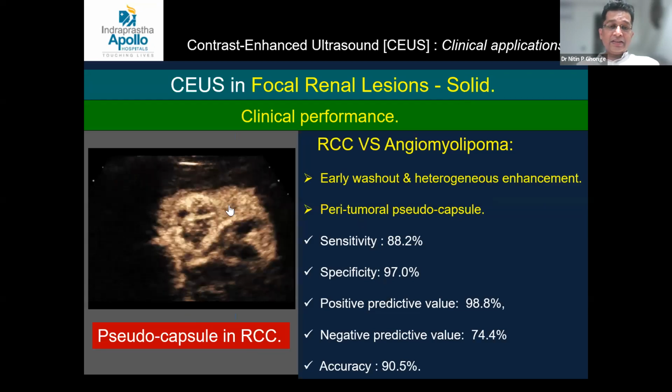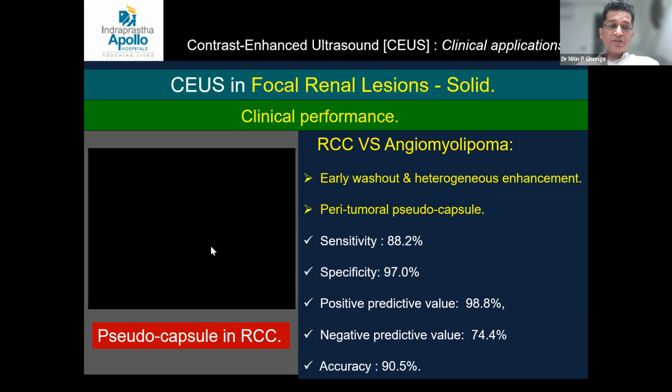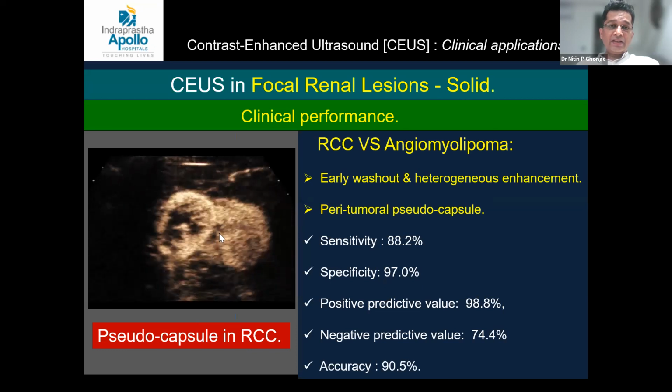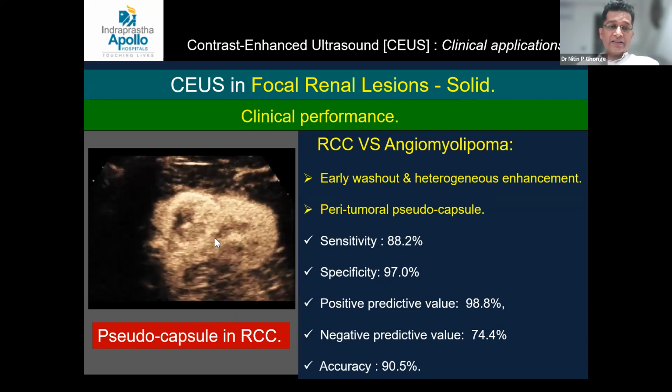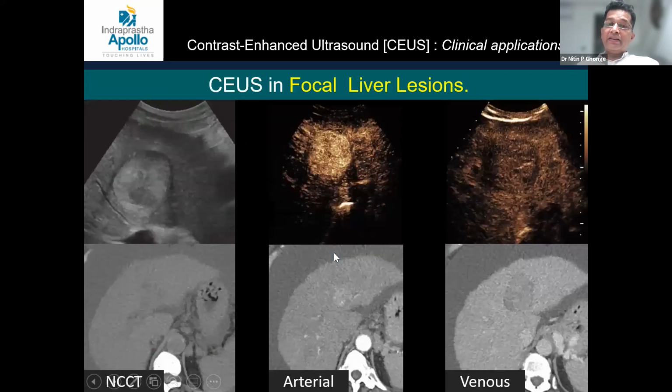This is another example, and we can see a cystic lesion with peripheral enhancement, which is a pseudocapsule in a patient with RCC. So this is contrast enhanced ultrasound, where cystic RCC or cystic lesions can be picked up very well without need for any iodinated contrast, which is not safe.